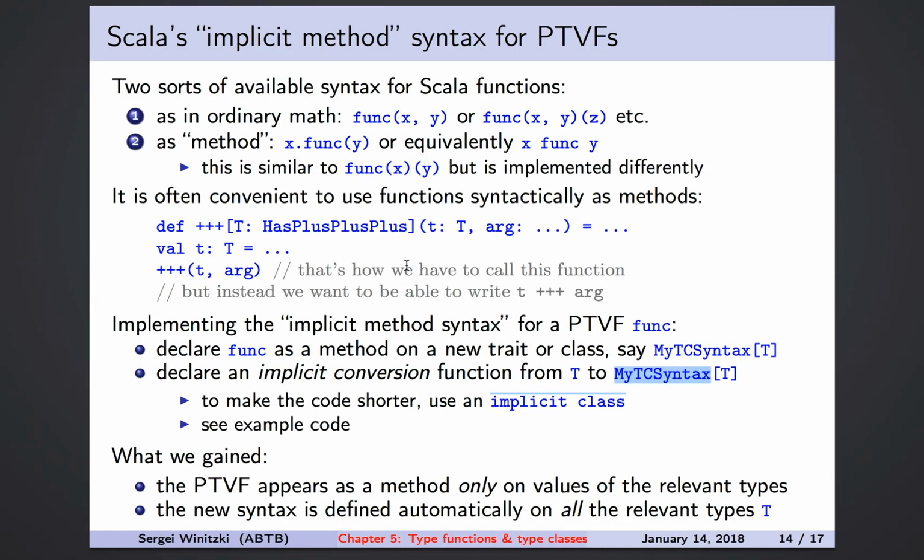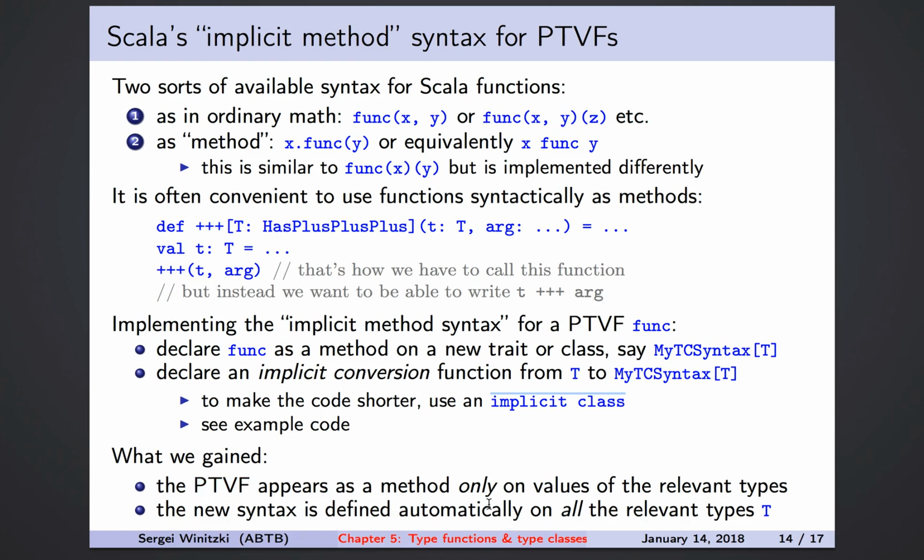Okay, so to summarize, what we have gained is that the partial function that we define appears as a method on values of the relevant types and only on those types. So the plus plus plus will be only defined on those types that have a monoid instance in my previous example.